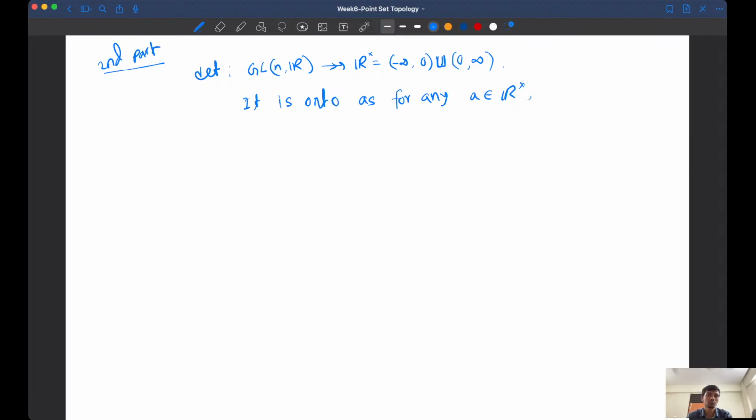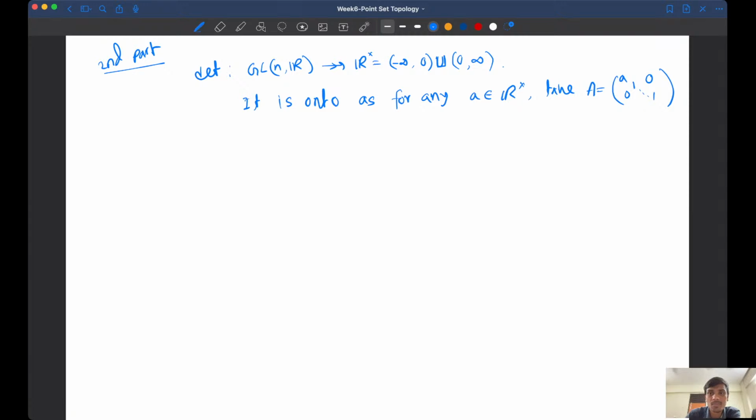Take the matrix to be just a in the (1,1) position, 1 on the rest of the diagonal, and everything else 0. The determinant of this matrix is a, hence a gets mapped there, and a is non-zero, so it is clearly an element of GL_n(R) also.